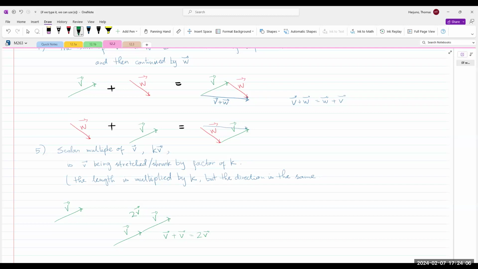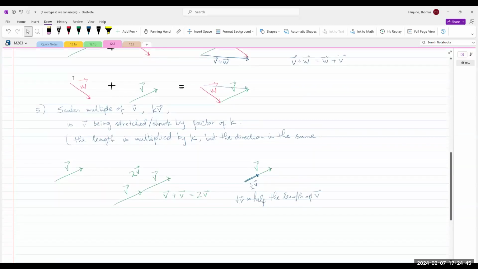Okay, so what is the length of 1/2 of v? If this is vector v, then 1/2 of v will be exactly half of that, but still the same direction. Half the length of vector v, but the same direction.